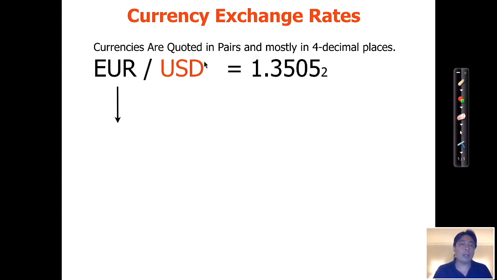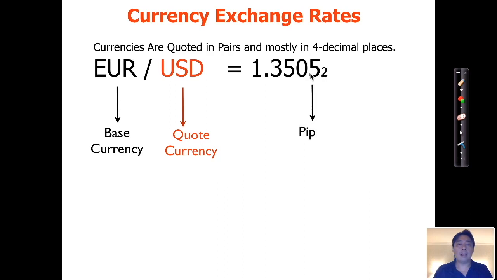So when you see a currency pair, the first one is known as the base currency. So Euro is the base currency. USD is known as the quote currency. And like I said, the 4th decimal place is known as the pip. And the pip is the smallest change in the currency pair that we are concerned about. So in this case, it is 3505.